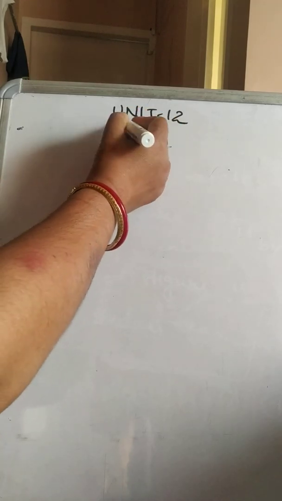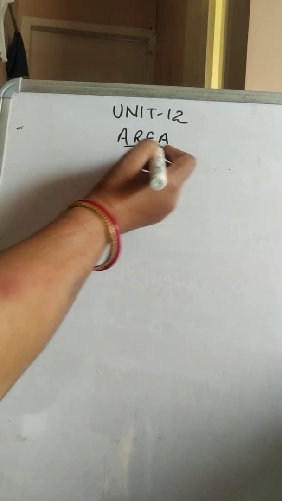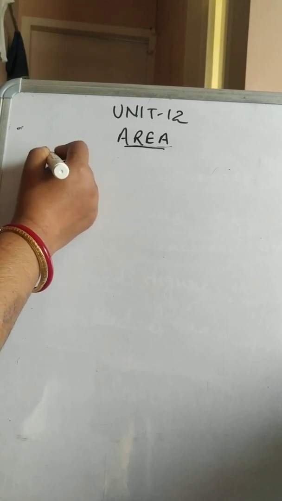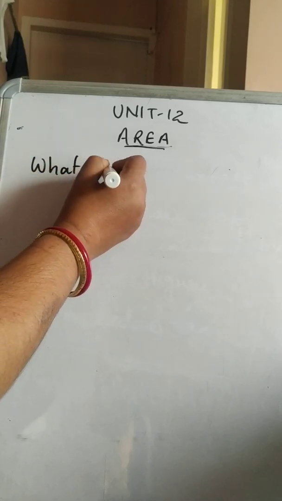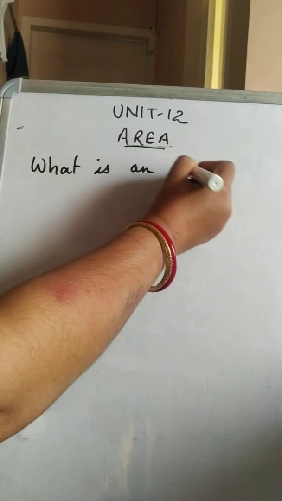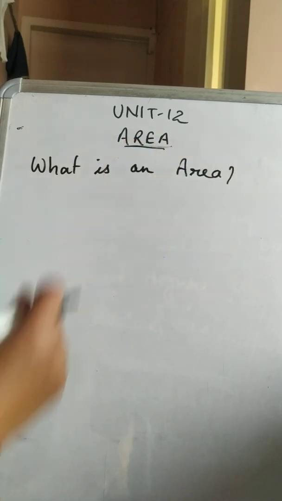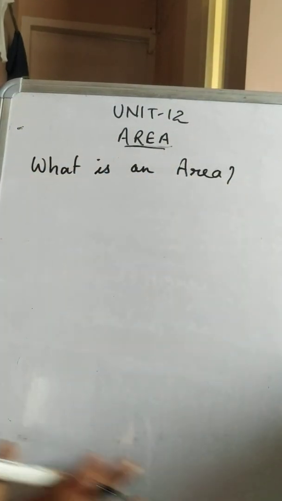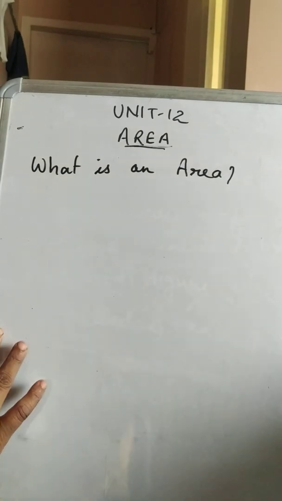So, children, today I am going to start with unit number 12, area. Now, what is an area? This is a rectangle.